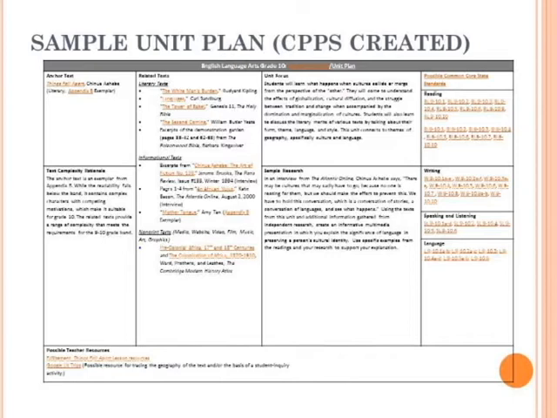Then there's the related text, and you'll see it's divided into literary text, which is fiction, informational text, which is nonfiction, and then there's the non-print text, which you may also include, which would include media, film, video, music, art, graphics, or something from the internet or website.